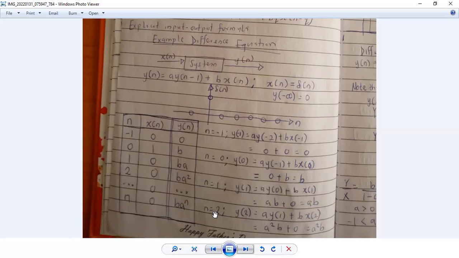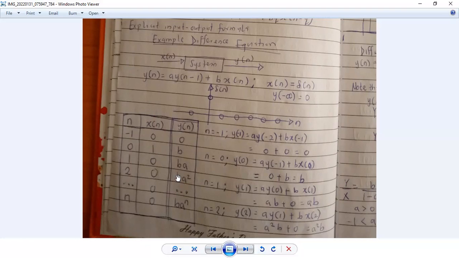Then at n equal to 2, we plug in 2 here. So you have this equation. We got y of 1 previously as ab, so a times ab is a squared b.